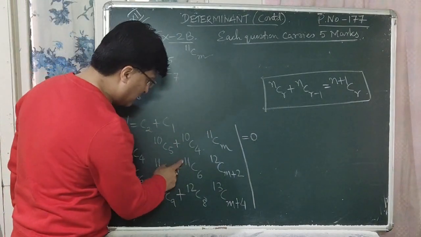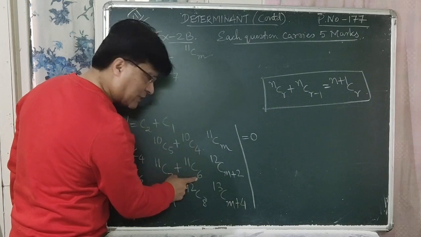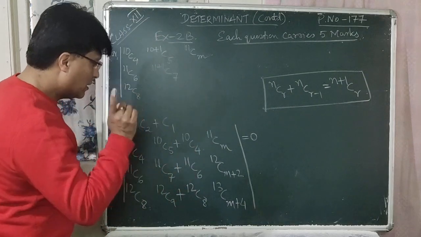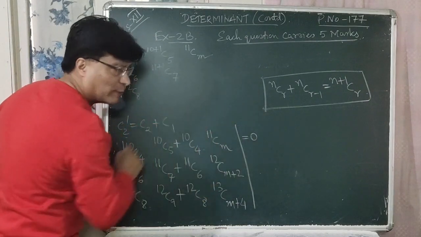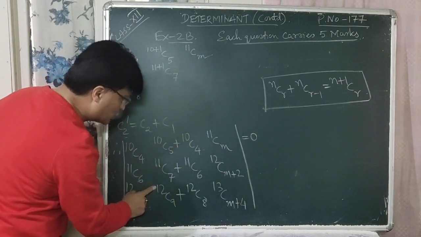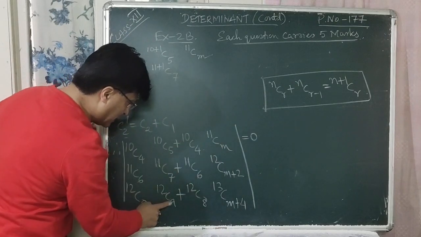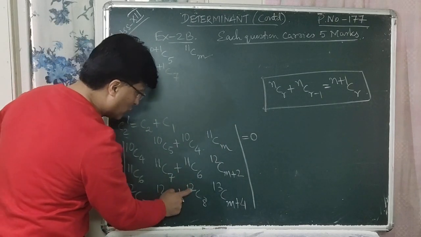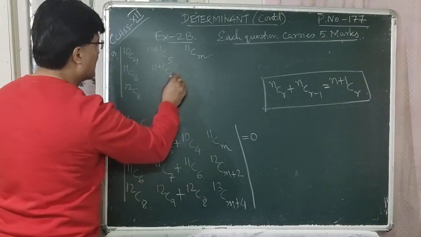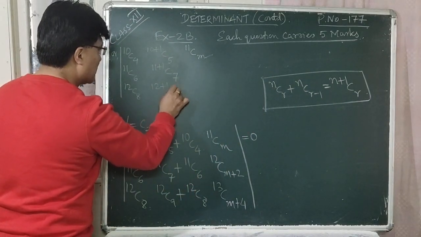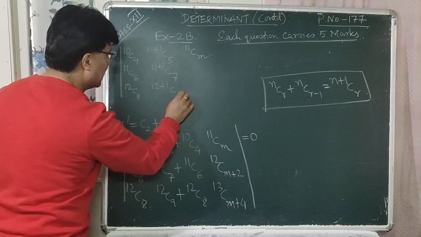And this 11 is n and this 6 is 7 minus 1. Similarly, what is the value for 12C9 plus 12C8 using this formula? Here the value for n is 12. What is the value for r? It is 9, plus 12C(9 minus 1). What is the formula? n plus 1 means 12 plus 1, it is 12 plus 1 C. What is the value for r here? It is 9.